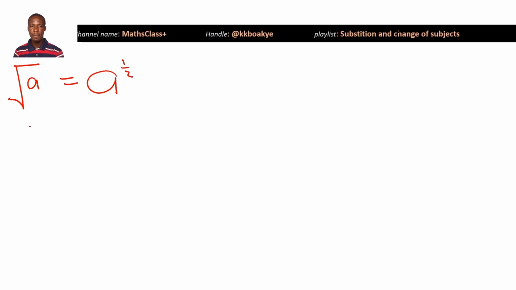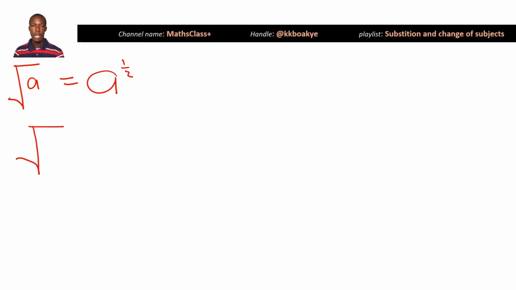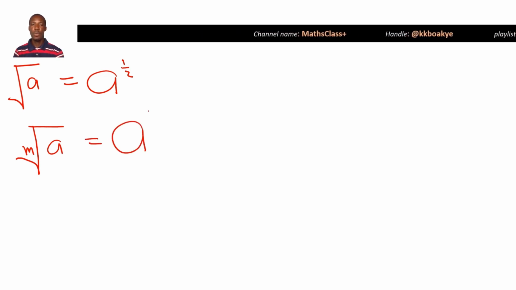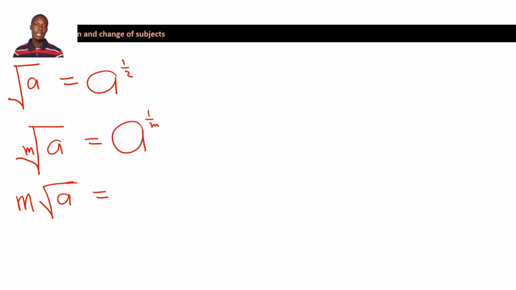If you have m roots of a, it means a to the power 1 over m. And if you have, let's say, k roots, and please, before this, if you see m outside like this, this is different from the previous one.